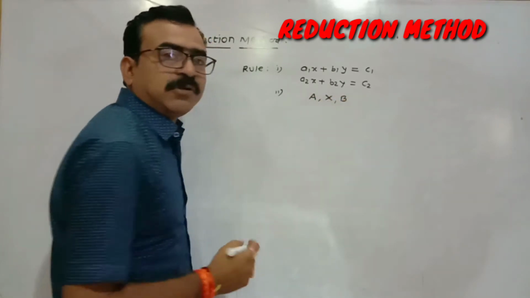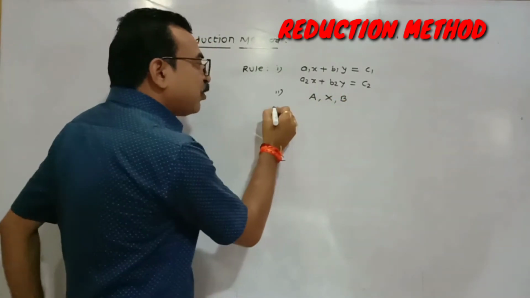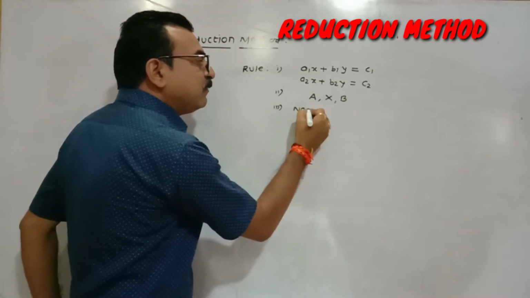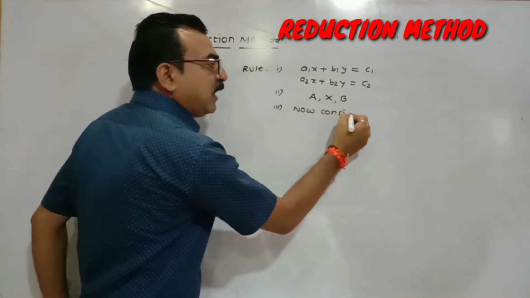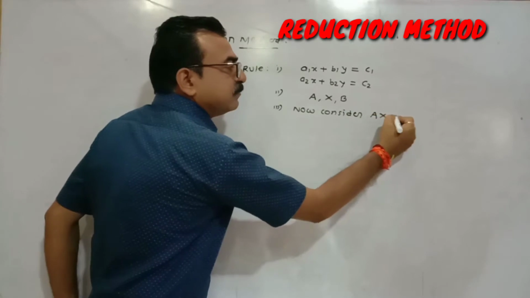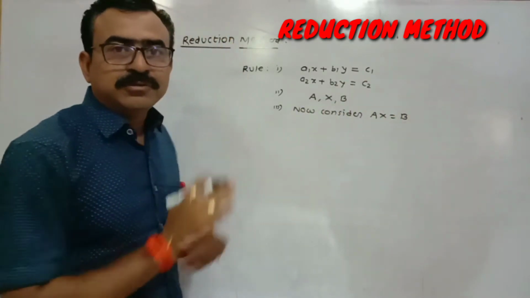Your second rule is now form coefficient matrix, variable matrix and constant matrix and represent them by A, X and B. Got it? Your next rule is now consider AX is equal to B. This is your third rule.